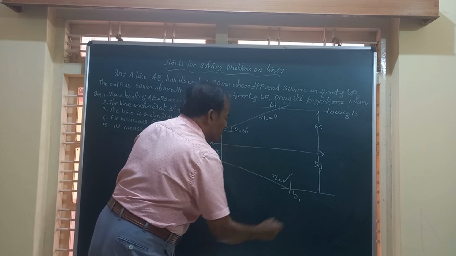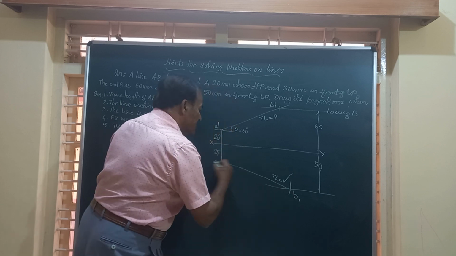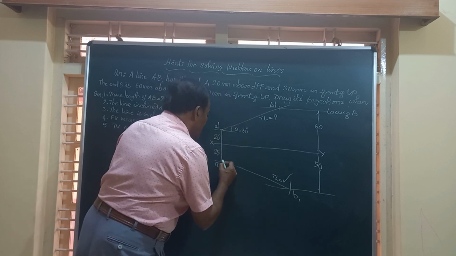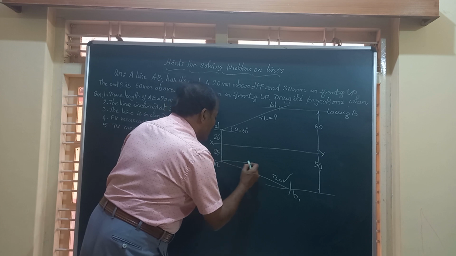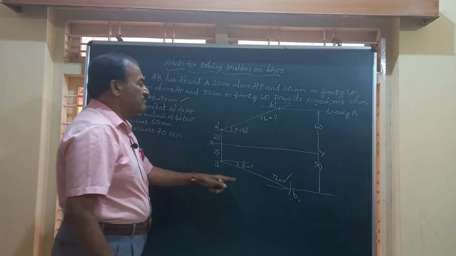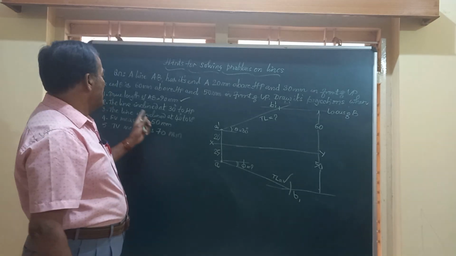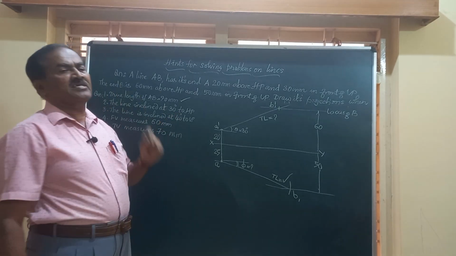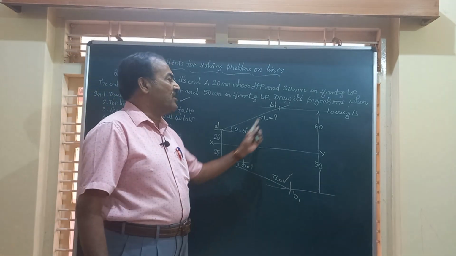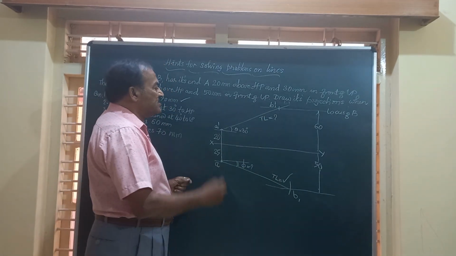So we know this true length of the line. And friends, with this information, now you can also obtain the angle made by the line with VP. That phi can be measured once you have this information. Friends, the only information given is that the line is inclined at 30 degrees to HP, apart from the loci of the ends.